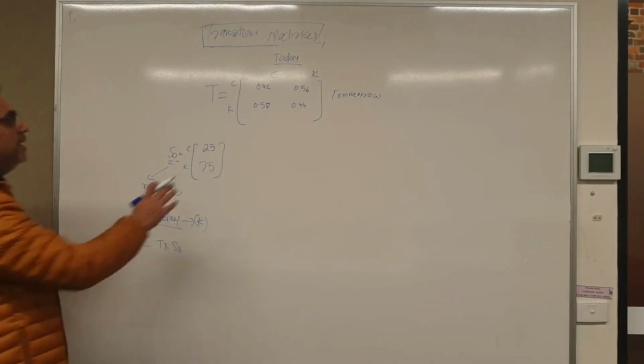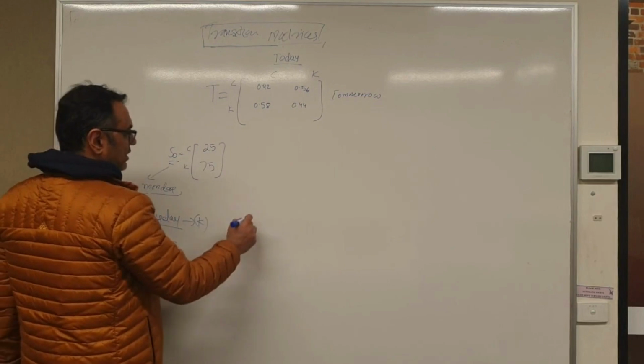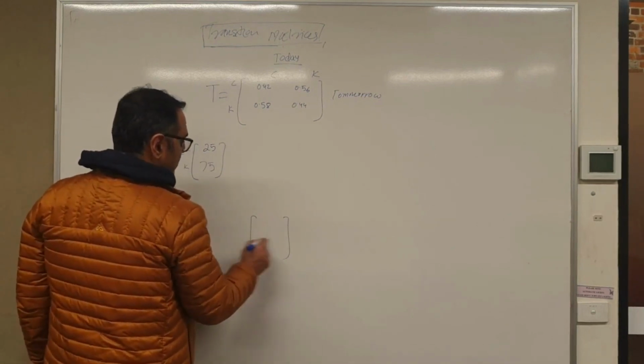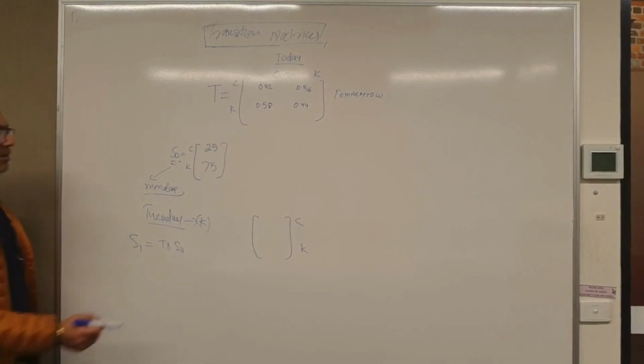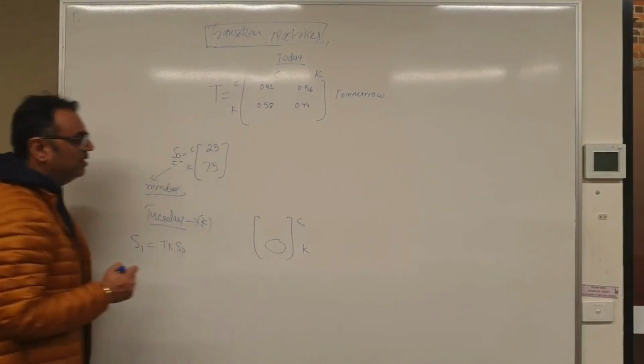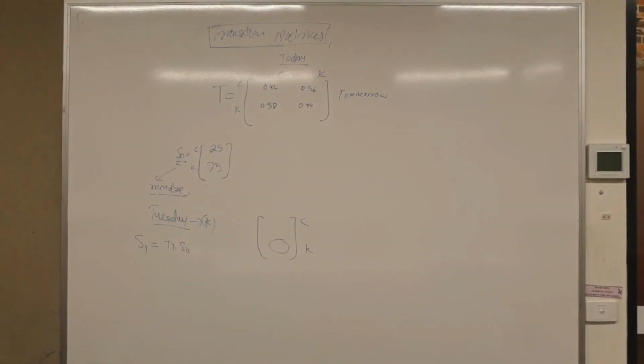If you now multiply these two, you will get a matrix, something with Crispies and Crunchies here. And whatever you get here will be your answer.